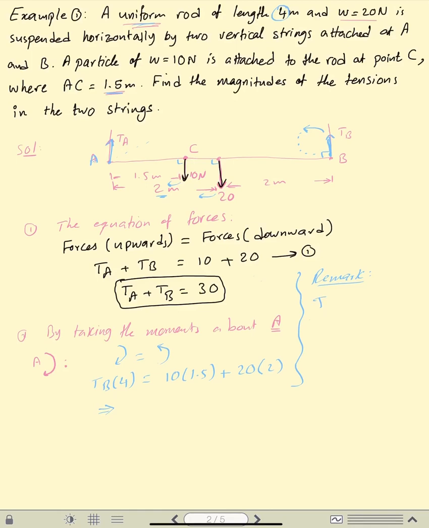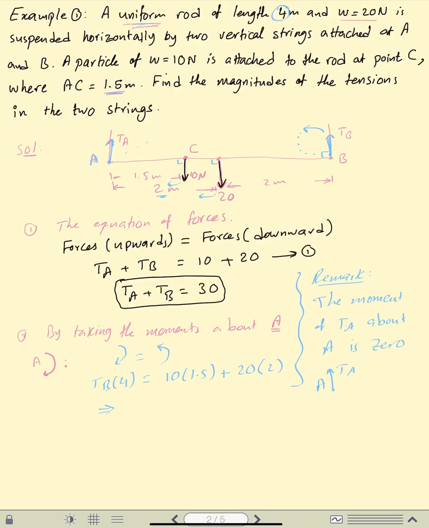The moment, dear students and engineers, the moment of TA, tension in the string at A, about A is 0 in this question. Why? Because we took the moment, this is A, and this is TA in the question.